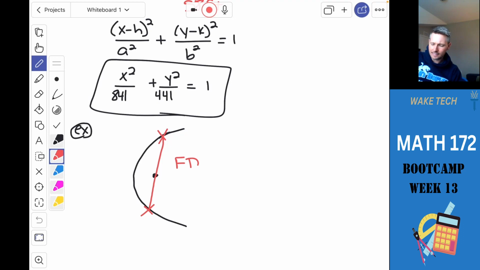And in this case, it's 8 centimeters. The point would be to incorporate that information. I'll label the focus. The vertex is directly beside the focus.